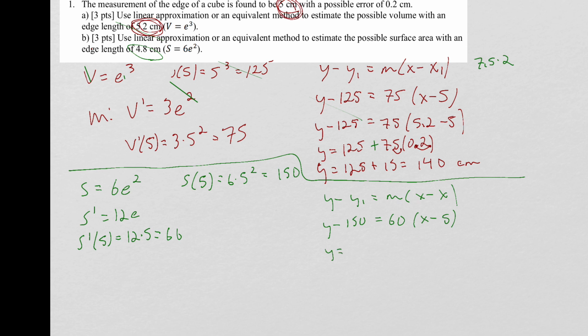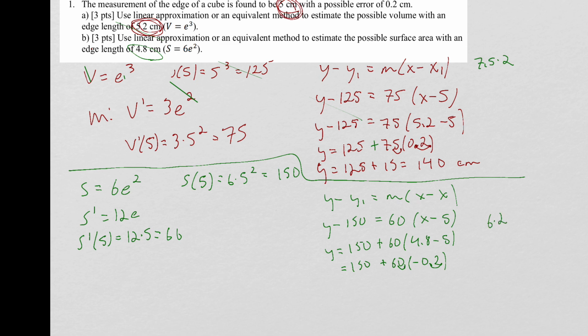I get y equals 150. I'm going to move that 150 over, plus 60 times 4.8 minus 5. Notice that gives me 150 plus 60 times negative 0.2. And I'm going to do the same math here again. I'm going to take this decimal and move it once, and this decimal and move it once. So really, I'm just doing 6 times 2.